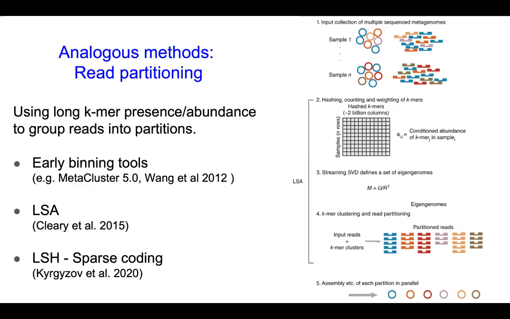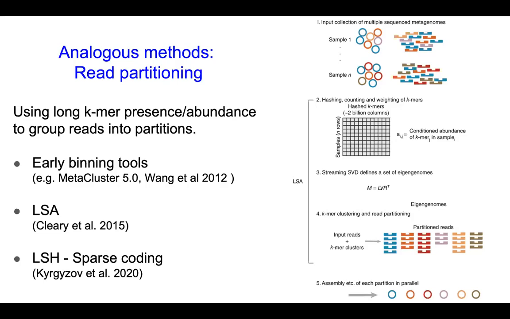The paper that came out about a month ago showed that this type of read partitioning, when done well, can resolve individual strains, which is a big problem in metagenomic sequencing.